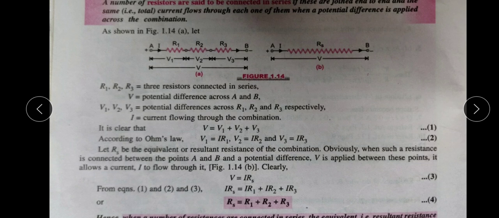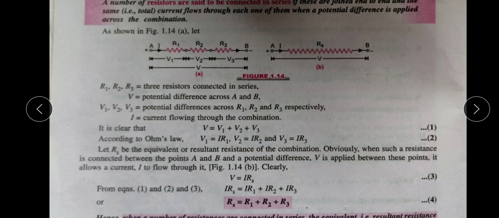Okay, then it is clear that V is equal to V1 plus V2 plus V3, which means V is equal to the sum of potential differences across each of the resistances.